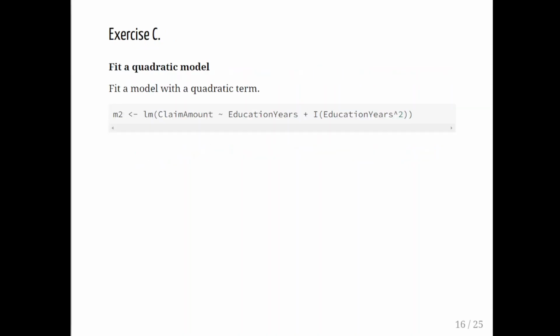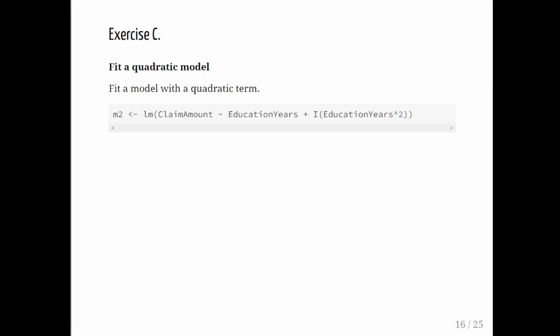So what we're going to do is fit a quadratic model. This is exercise C. This is the second statistician. So it's the same as before. M2 is a linear model with the ClaimAmount, which is our response variable, explained by the predictor variable EducationYears and EducationYears squared. The I term there is just to actually create a squaring of EducationYears and to evaluate it immediately.